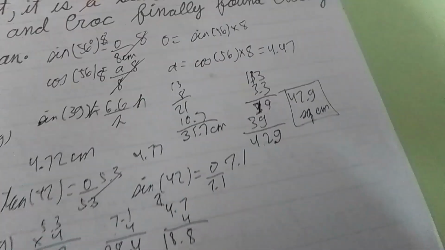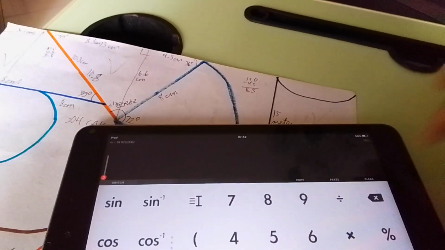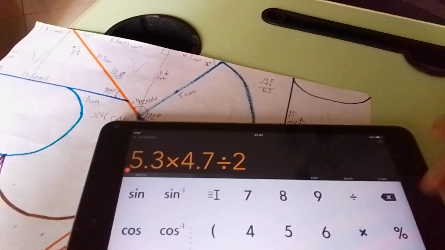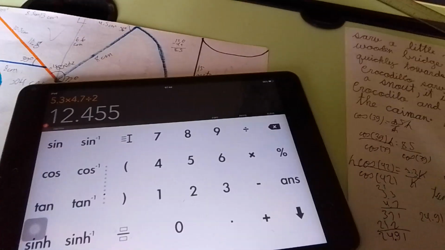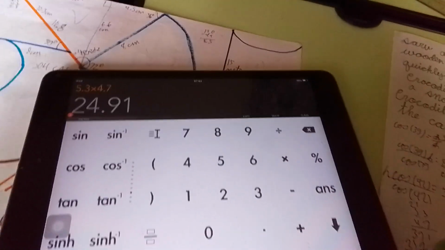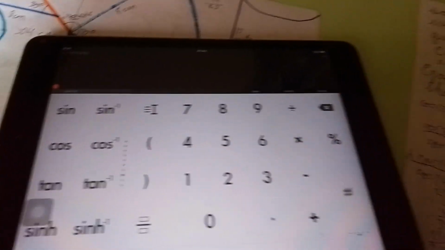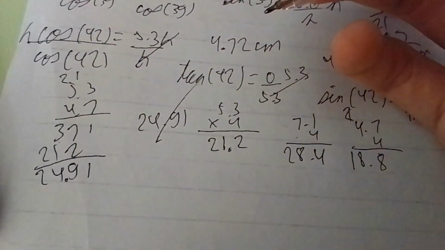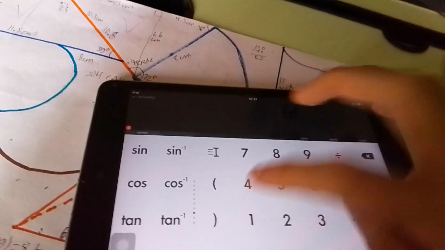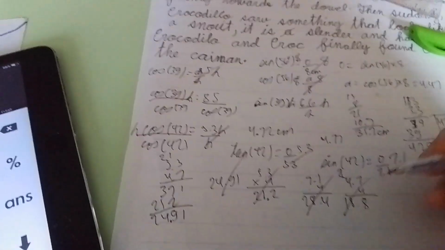Let me double check with the calculator. Maybe I made a mistake there. So, let's double check with the calculator first, okay? That's supposed to be 24.91. Alright, that checks. 21.2. 28.4. Right, 18.8. Then we sum this up all together.